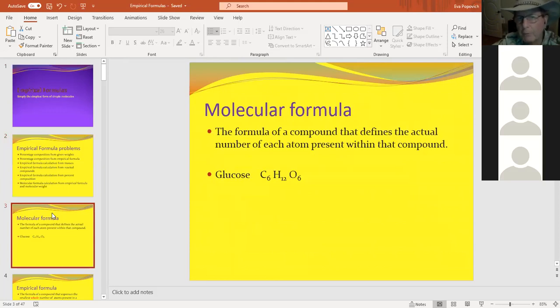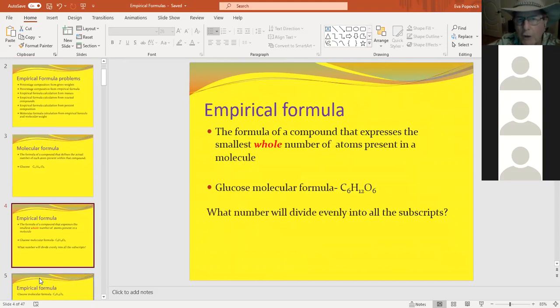Now, just a little bit of review. A molecular formula is a formula which has the actual number of each atom present within that compound. So if I'm talking about glucose, the glucose molecular formula is C6H12O6. By contrast, the empirical formula is the smallest whole number ratio of atoms present in a molecule.